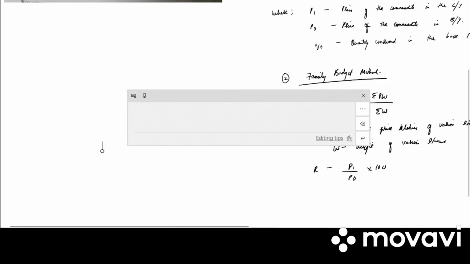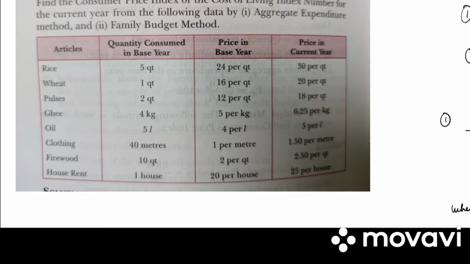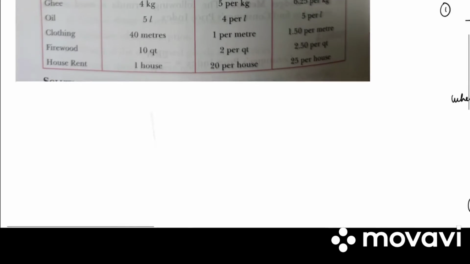So let us work out the problems. Find the consumer price index or the cost of living index number for the current year from the following data, that is by the aggregate expenditure method and the family budget method. So write down the first one. Aggregative expenditure method.